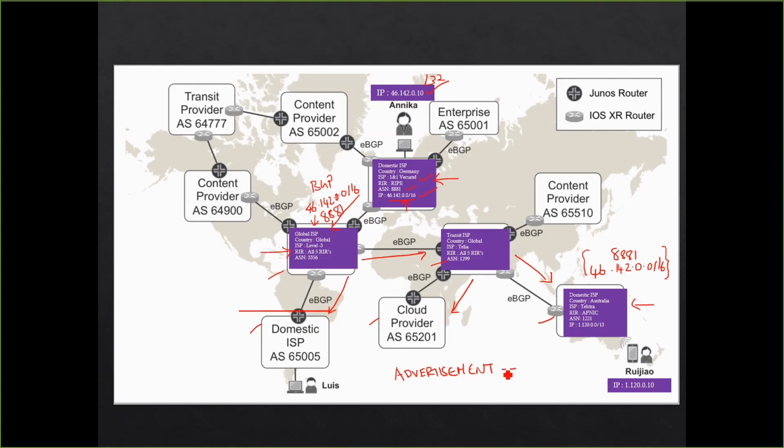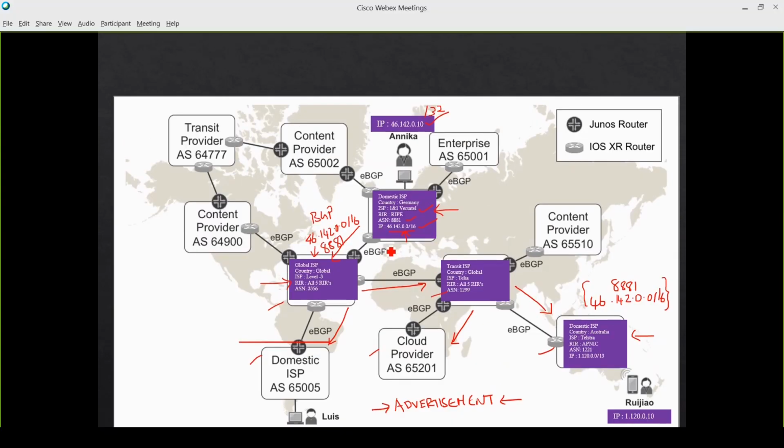An advertisement is nothing but letting other networks know that you own this IP address and this autonomous system number, and anyone can now send packets. So that's a broad idea of what an advertisement is.